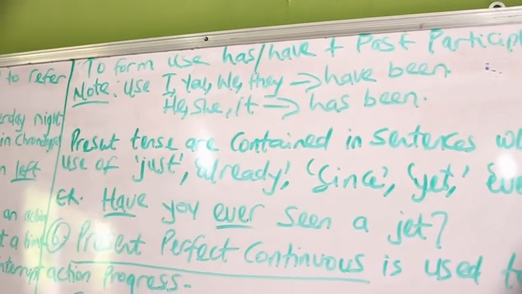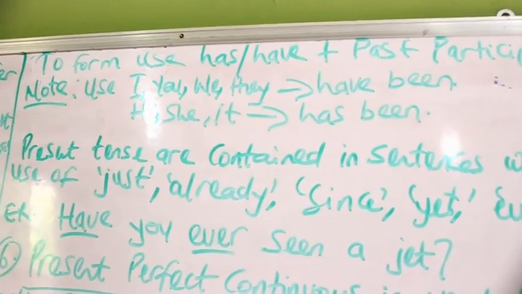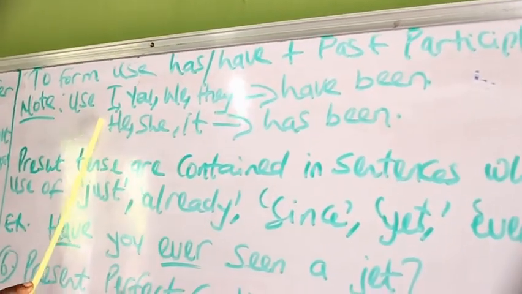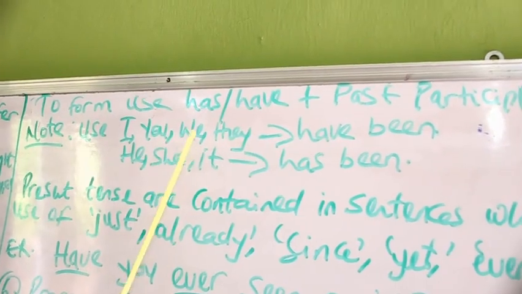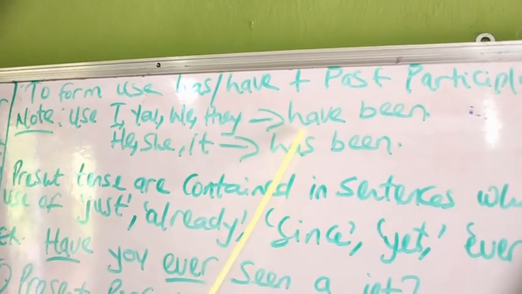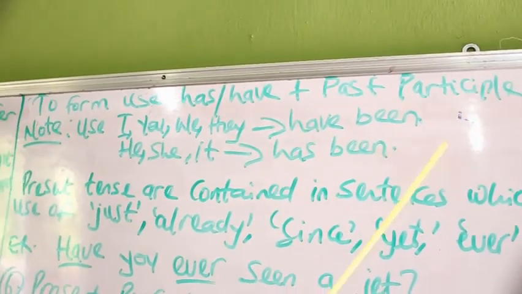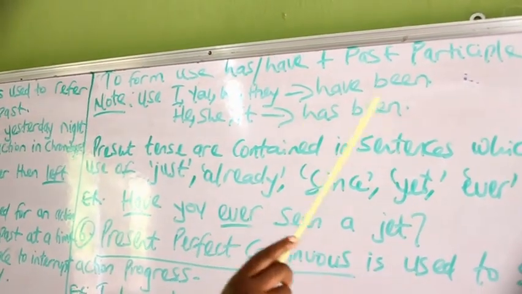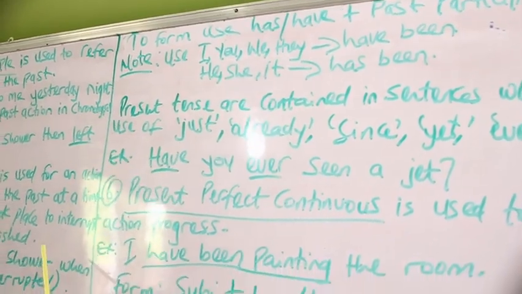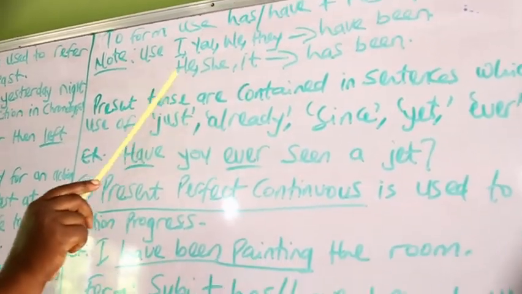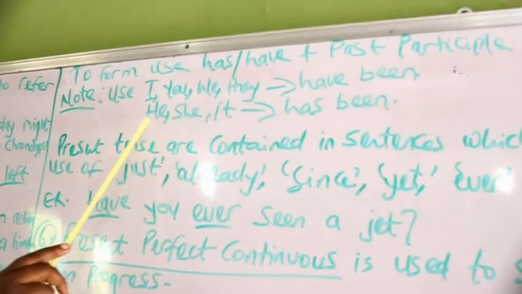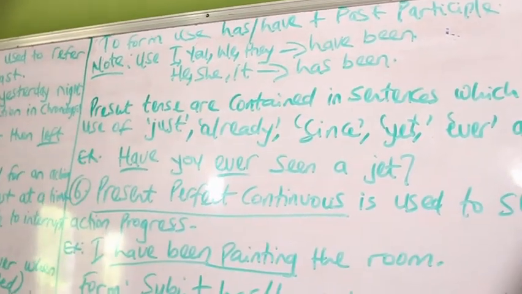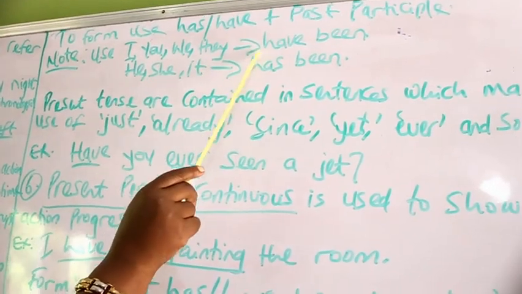Then I also want you to note something. Note that when you use I, you, we, they, you use have been. I have been, you have been, we have been, they have been. Then for the third person singular, he, she, or it has been, and not he have been.